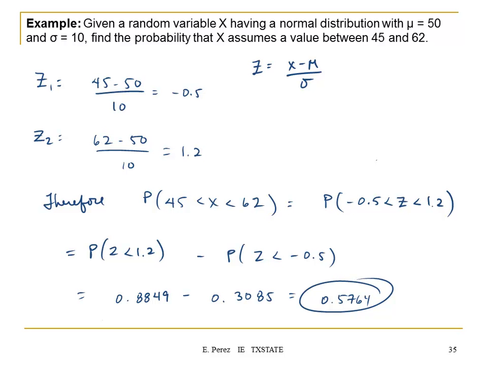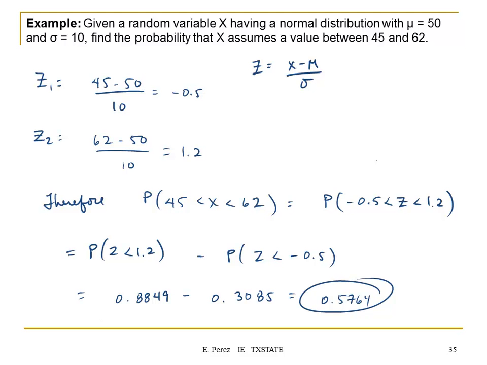So we get that z equals negative 0.5 and 1.2. So now this probability for X becomes this probability in terms of Z. We find these numbers from the table, and the probability of x being between 45 and 62 is 0.57. Okay, so that's where we stopped.